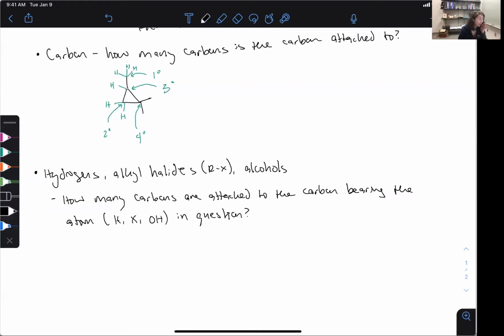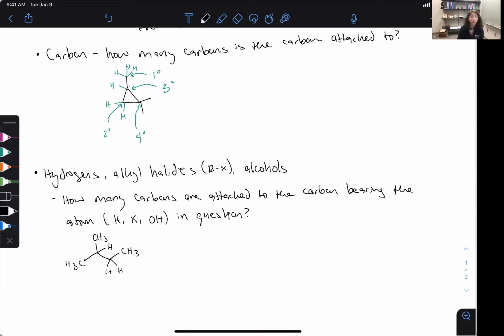Okay, so if I take an example of that, if we have this structure, so we know that we have CH3, CH3, CH3, there's an H there, there's 2 H's there.